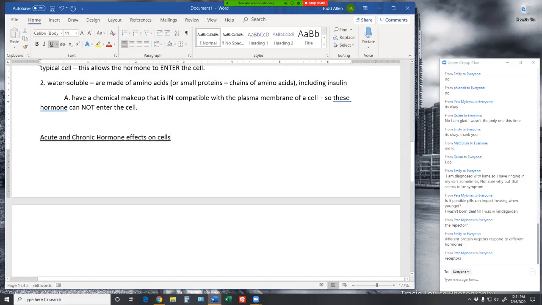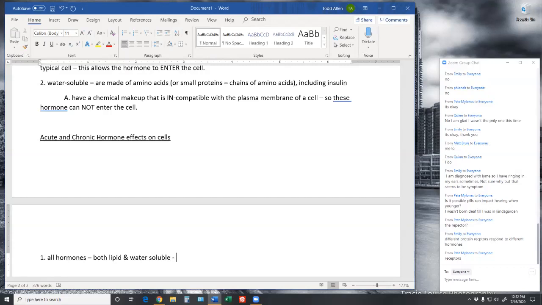And I'll preface this by saying that all hormones produce what are acute and chronic responses from a cell. Both categories of hormones, lipid soluble and water soluble, they all create these acute and chronic responses that we're going to describe. All hormones, both lipid and water soluble, create acute and chronic responses from cells.